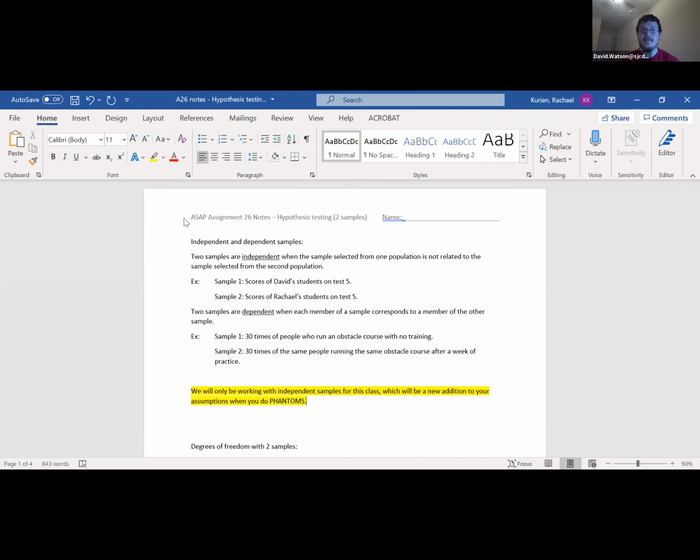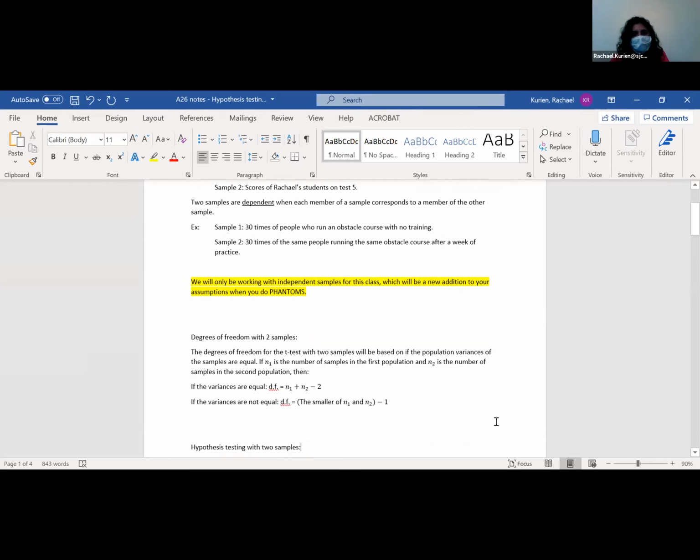All right, and then next up is degrees of freedom. So let's look at degrees of freedom with two samples. So degrees of freedom for the test with two samples will be based on if the population variances of the samples are equal.